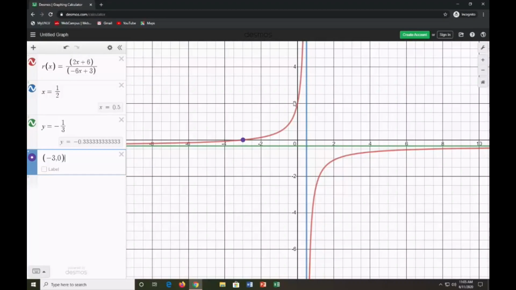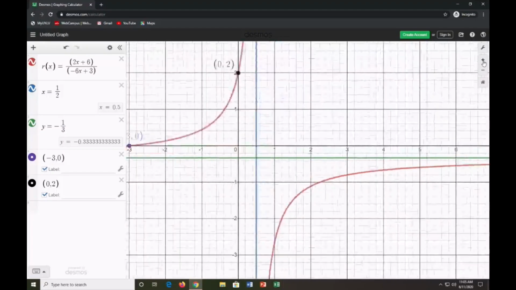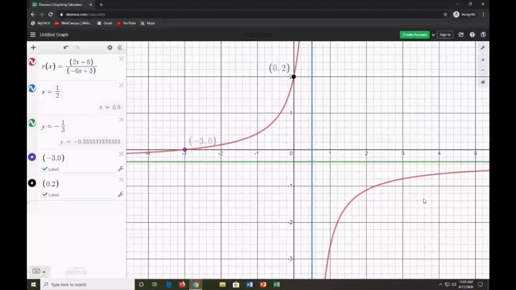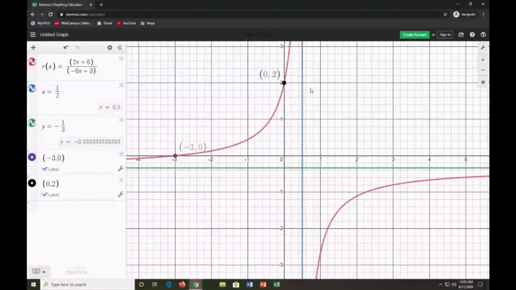You can already see it up here, but let's snap to it. 0 comma 2, right there. And let's label it. Maybe we can zoom in a little more. Yep, right there. So you can see the x and y intercepts, the blue line, which is the vertical asymptote, the green line, which is the horizontal asymptote, and of course the graph itself, which is shown in red.